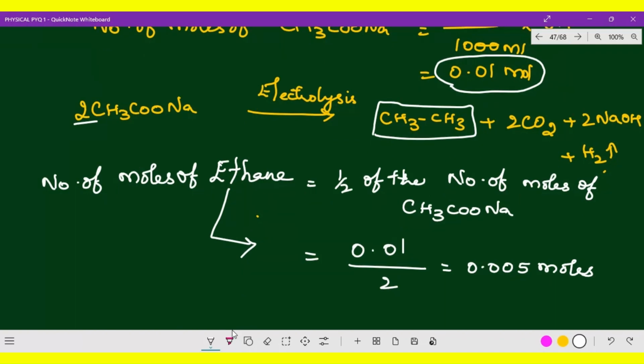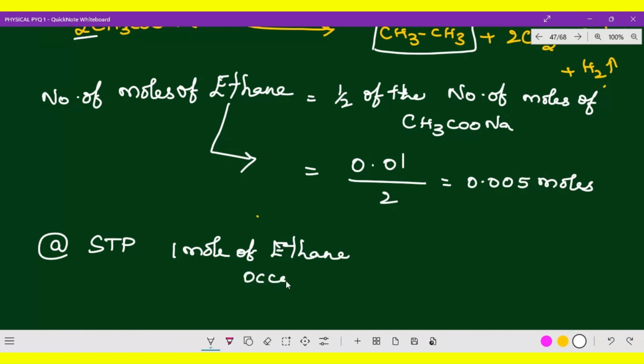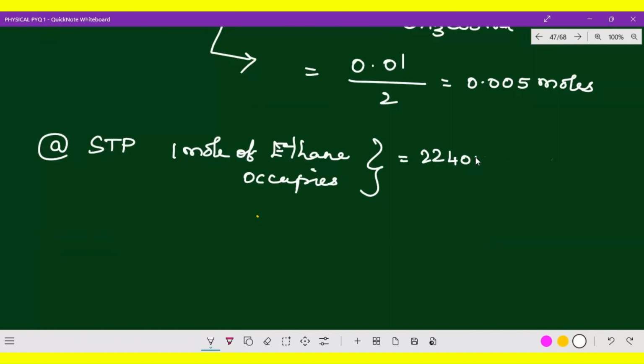Now they also mention STP. At STP, 1 mole of ethane occupies 22,400 ml.